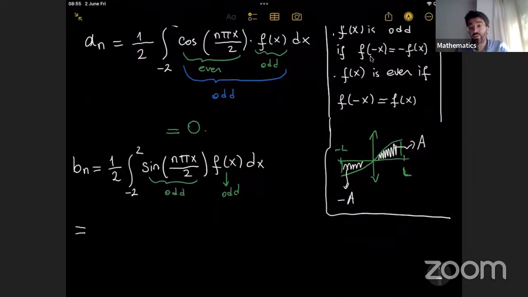So if you multiply two odd functions, you will get an even function, okay? So the whole thing is even. When you have an even function, you can write it like this: 1/2 times 2 times, instead of -2 to 2, you can write this as 0 to 2.